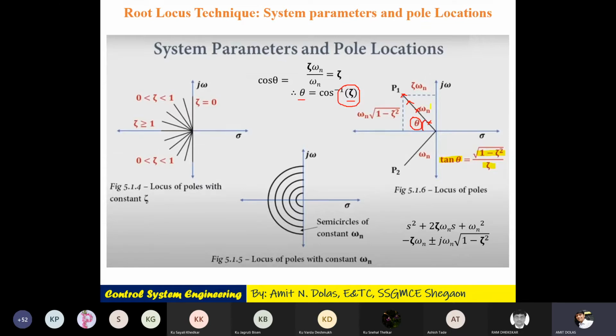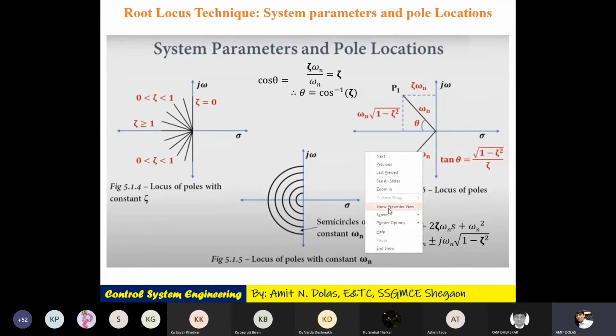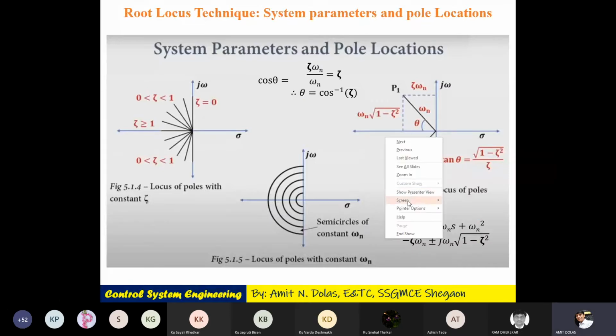Now, if I change the value of zeta, for particular omega n, this straight vertical line, for particular omega n, theta remains constant. That is why zeta is also some constant value, maybe any number. We don't bother about that. But if I change this value, what will happen? Your theta will also change.